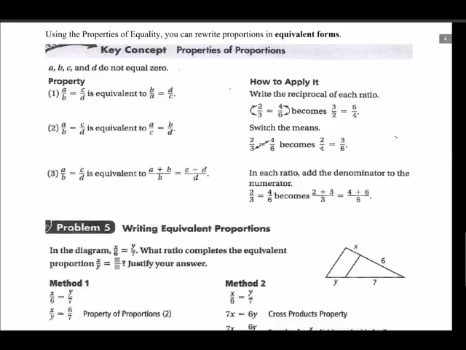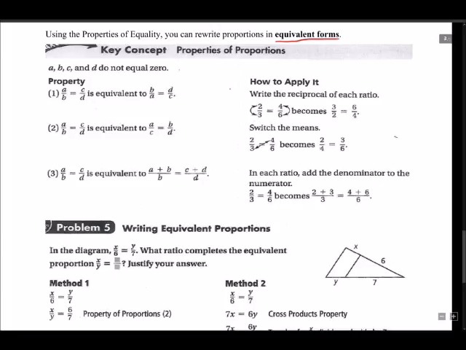Ooh, some properties of proportions. These are equivalent forms of proportions. And these three ideas here are going to become very useful to us later on in this chapter. Now we have our original proportion here.